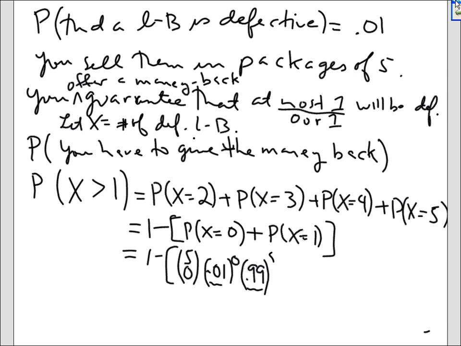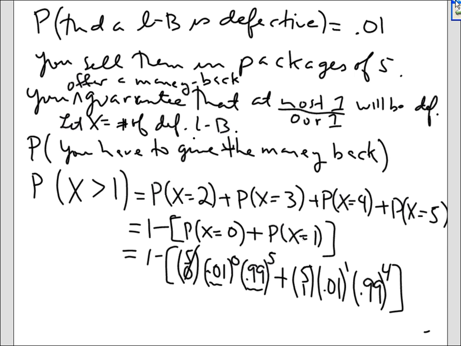And you want all 5 not to be defective, plus the probability that X is 1. 5 choose 1, which is 5. Probability of being defective, you want 1 of them. Probability of not being defective is 0.99. If you have 5 light bulbs and exactly 1 is defective, exactly 4 of them are perfectly good. And there's your answer.